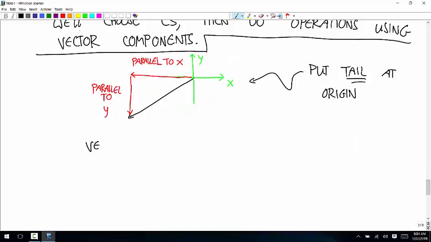And the vector is the sum of the two component vectors.